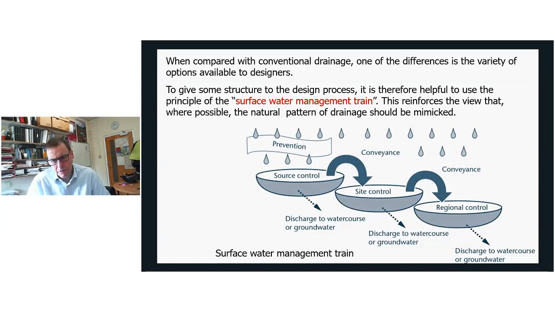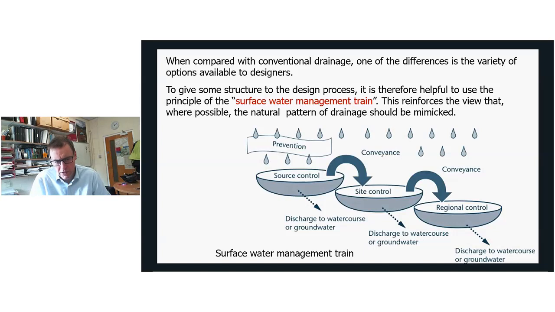Excess flows from your surfaces, from your roofs, etc., could be conveyed to a site control, which may be a swale, which then discharges to regional control, which is a pond. So first of all, you've got a permeable surface. Once that capacity is used up, it goes to your swale, which conveys the flows.